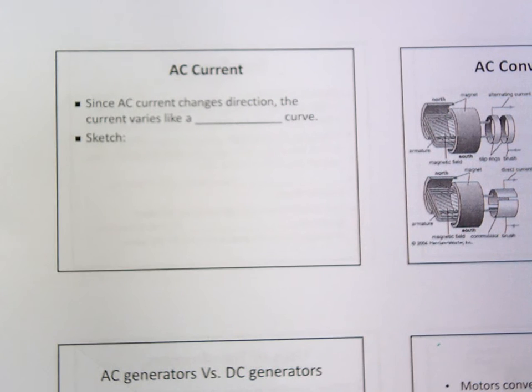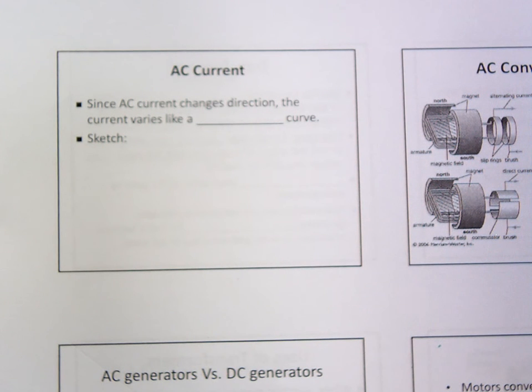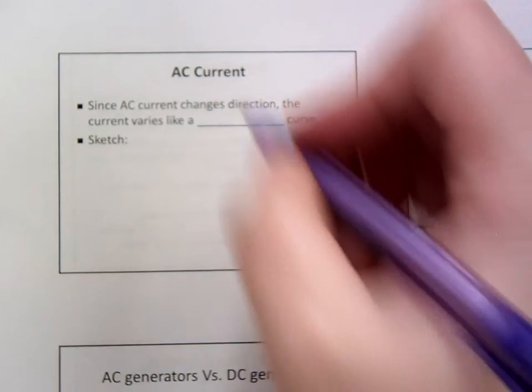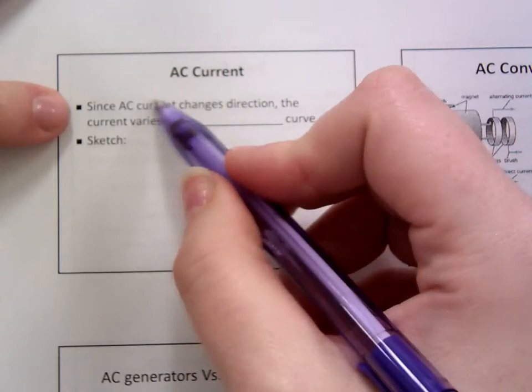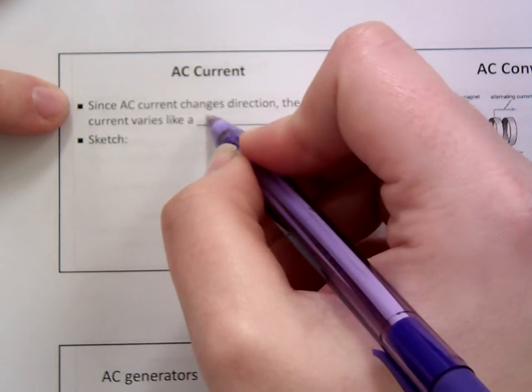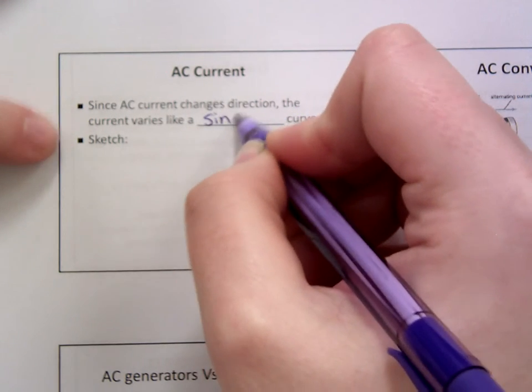Now, there are different types of generators. Many of them generate alternating current because that's what so many of our appliances use. And because alternating current changes direction, it would vary like a sine curve.